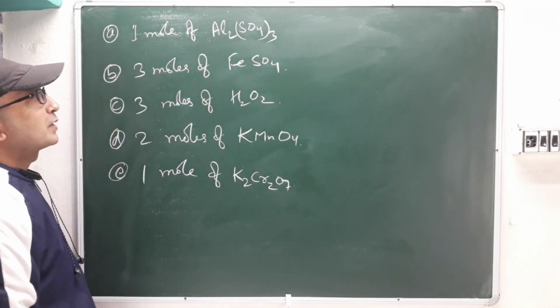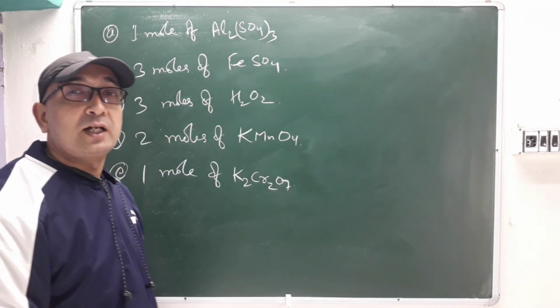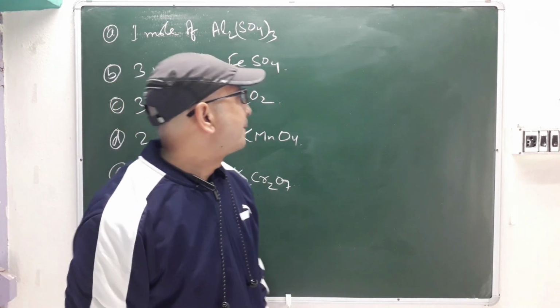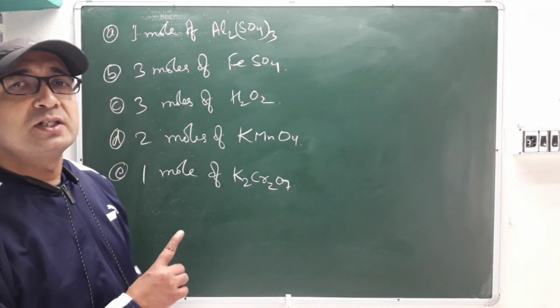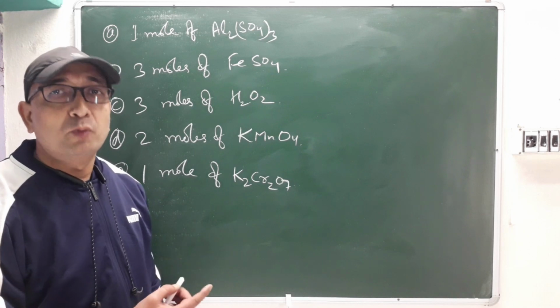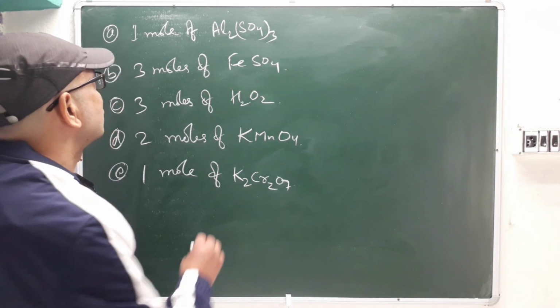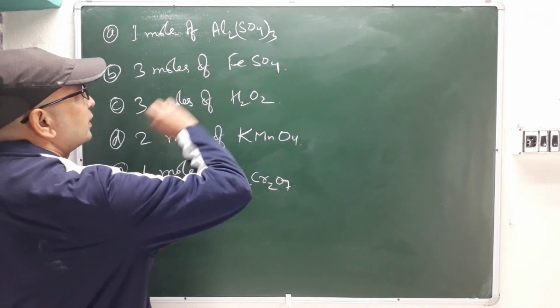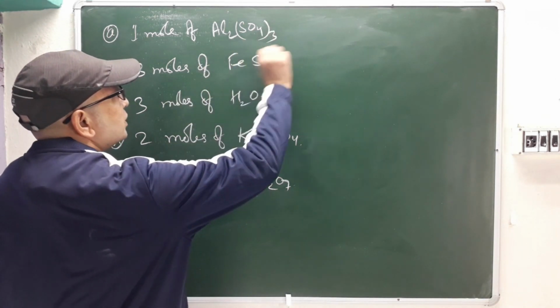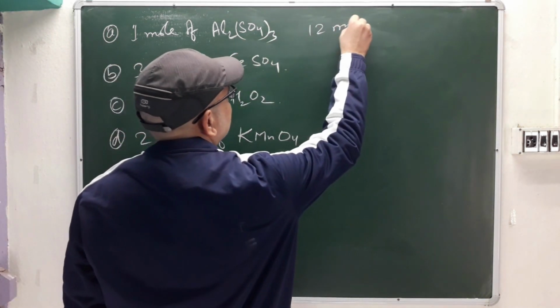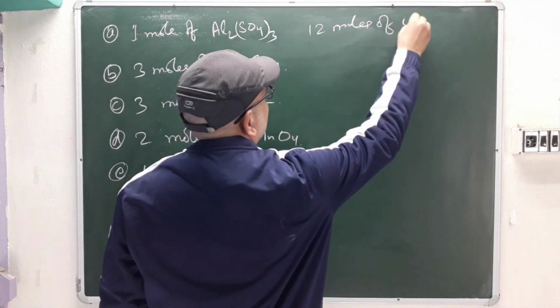So how are you going to calculate the highest oxygen atom number? You have to search where the maximum number of moles of oxygen is present, that will be the highest number of oxygen. Suppose 1 mole of aluminium sulfate, it has 4 into 3, 12 moles of oxygen.